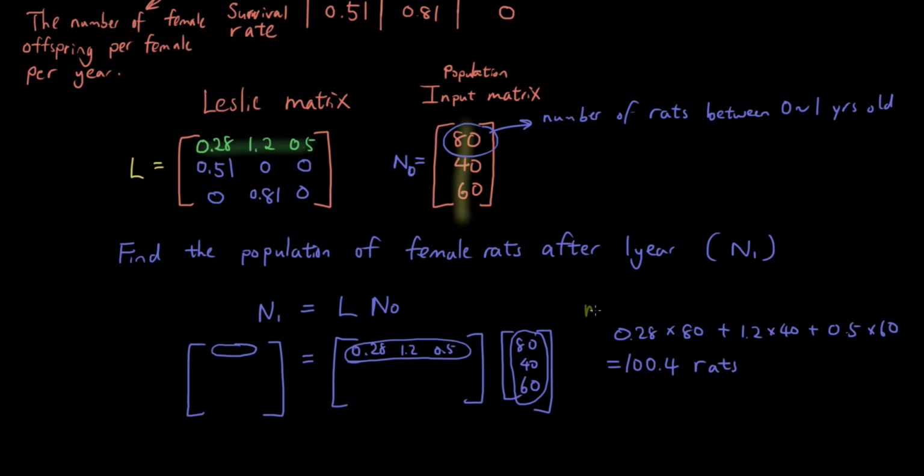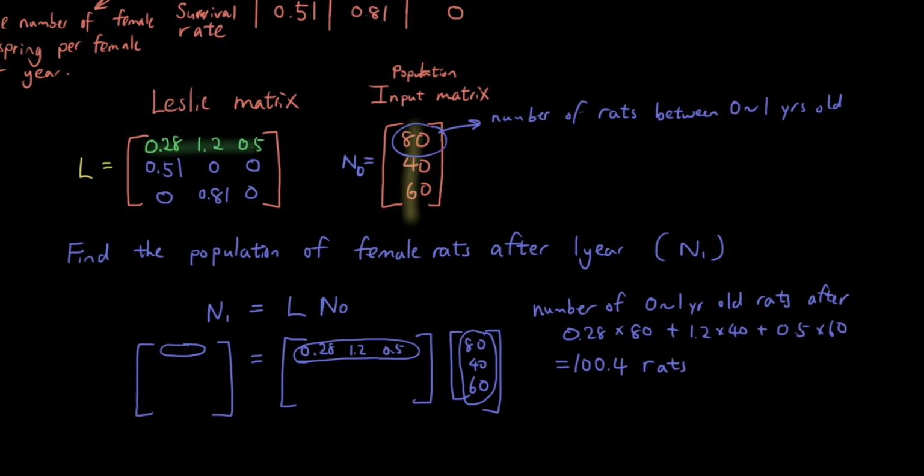So this is the number of 0 to 1 year old rats after 1 year.